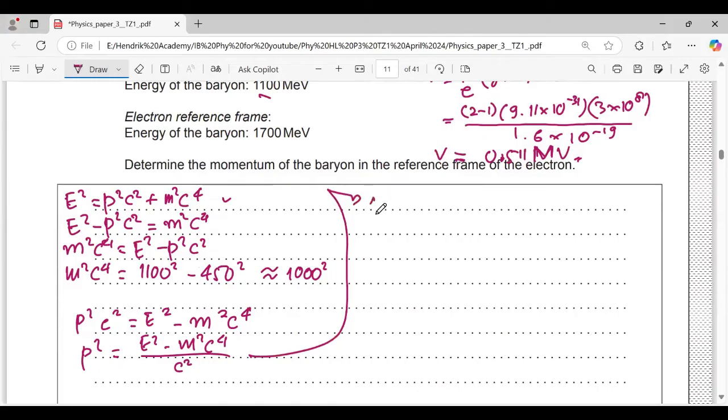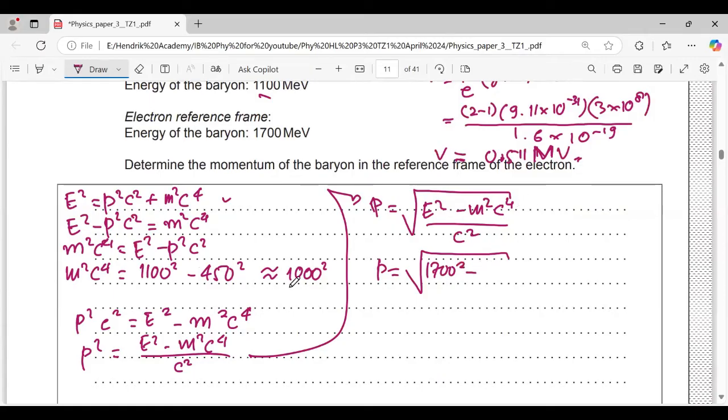So P equals the square root of E squared minus M squared C to the power 4 over C squared. That's a baryon, so I'm going to use this energy, this 1,700 squared.